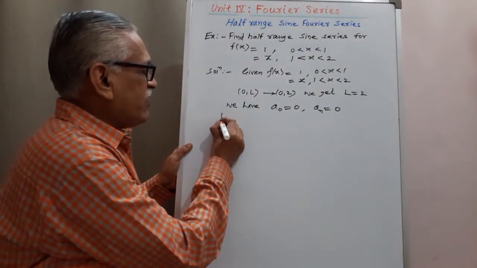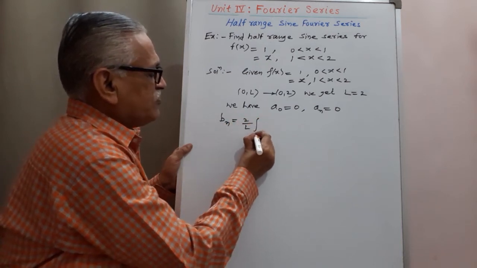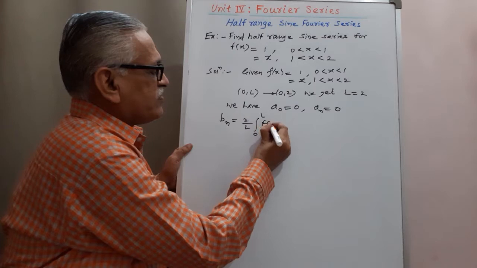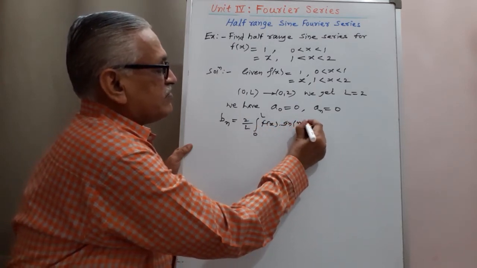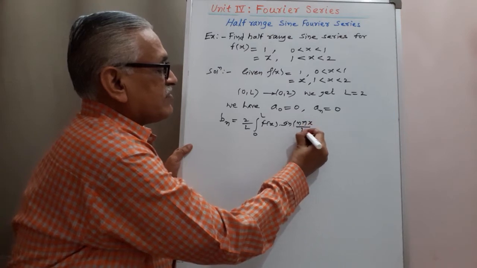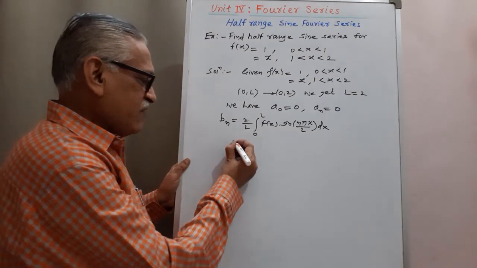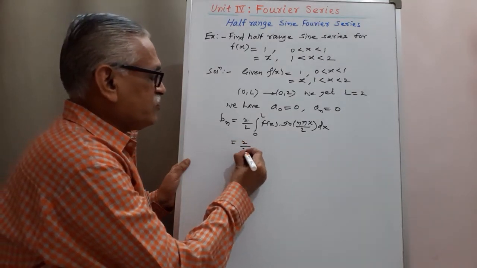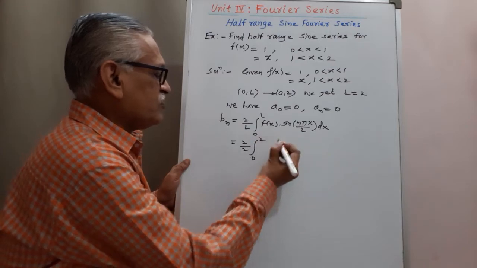We only need to find Bn by the formula 2 by L integration from 0 to L of f(x) sine of n pi x by L, with respect to x. Substituting the value of L as 2, we get 2 by 2, integration from 0 to 2.